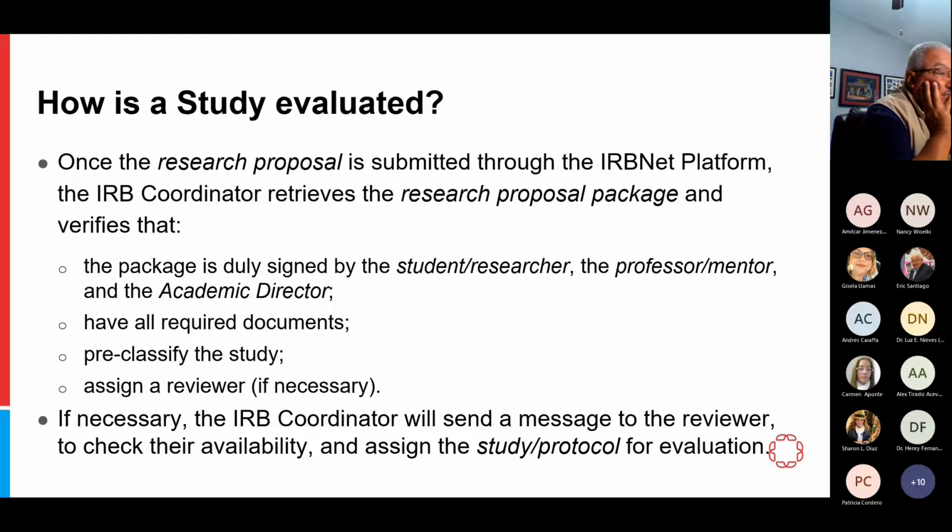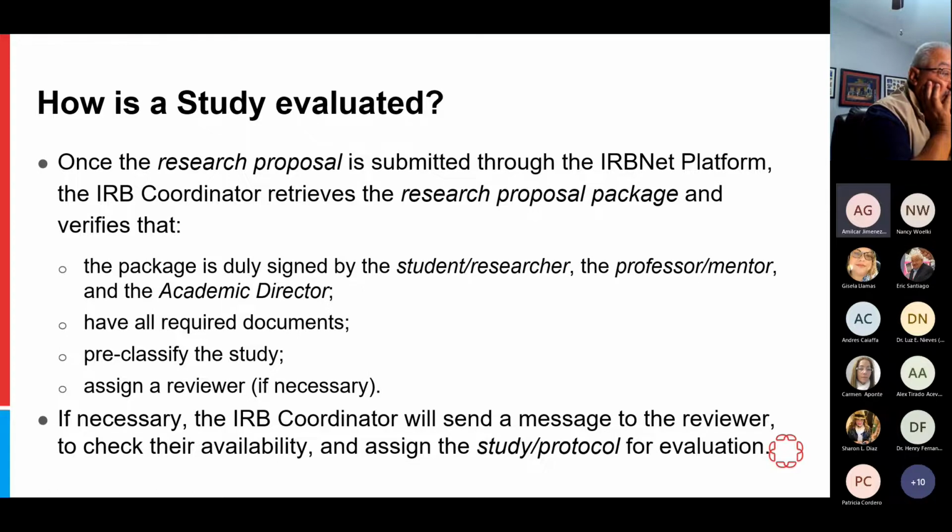If necessary, I will send a message to a reviewer, check the availability, and assign the protocol for evaluation to that reviewer. Let me make a parenthesis over here, a little stop. The student and the mentor do not have any contact with the reviewer.